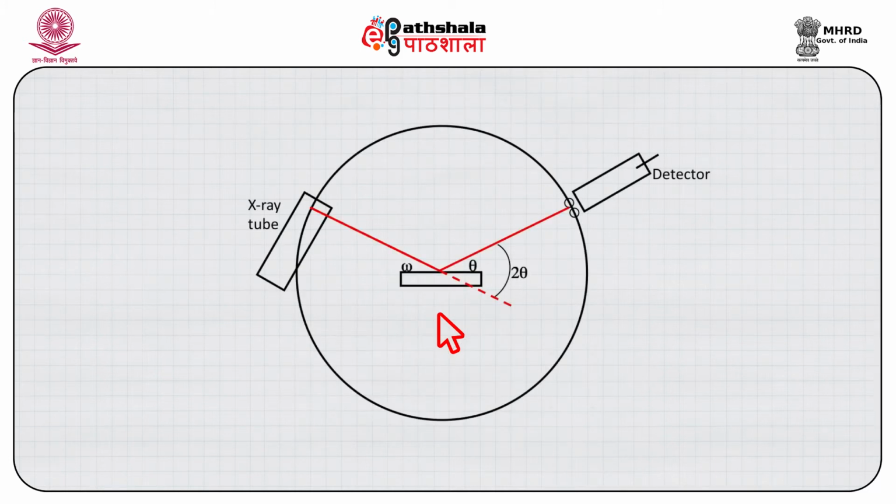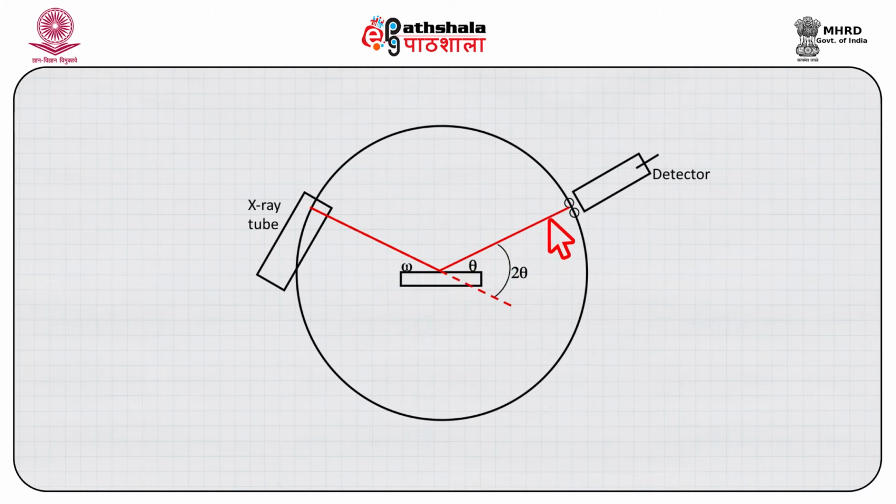Now, this is a typical construction or ray diagram of a goniometer, wherein the monochromatic X-ray of a known wavelength is generated in an X-ray tube, and it is allowed to interact with powdered material which is crystalline. So, this angle is the angle between X-ray source and the sample, and this is the diffracted angle.